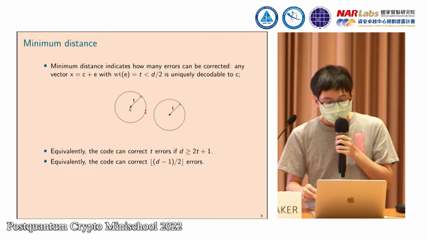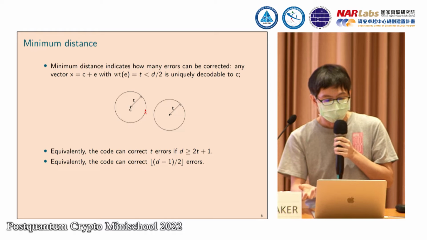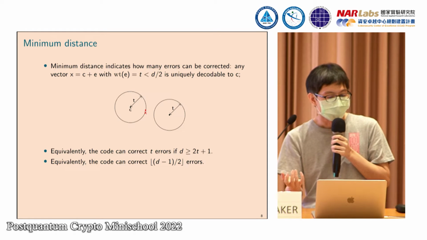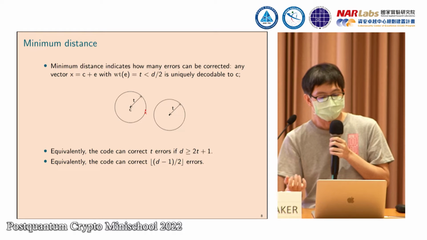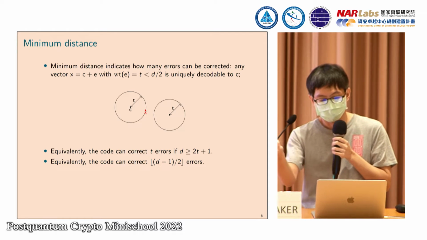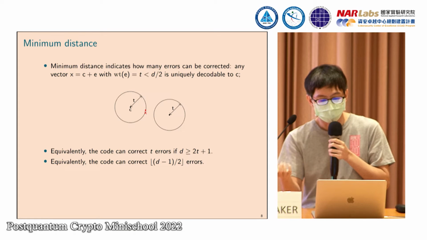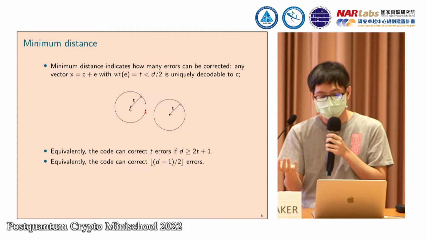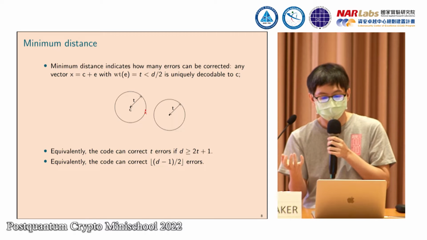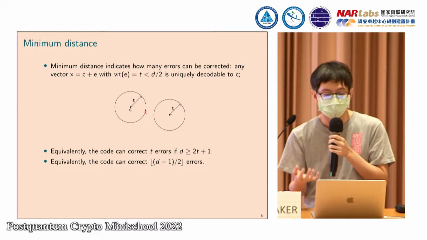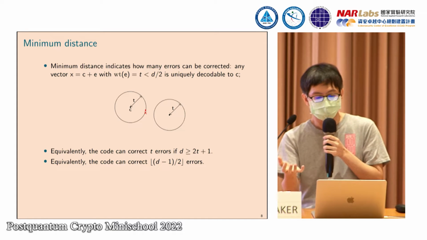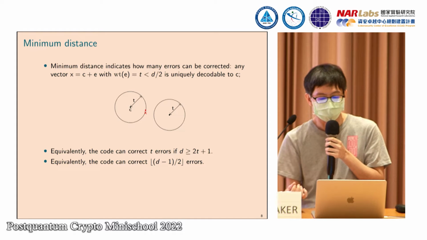Basically, if you consider any vector x which is equal to C plus E, with the Hamming weight of E being smaller than d over 2, where d is the minimum distance, then this vector x can be uniquely decoded to C. This means that you can find a unique codeword that is the closest one to this vector x.